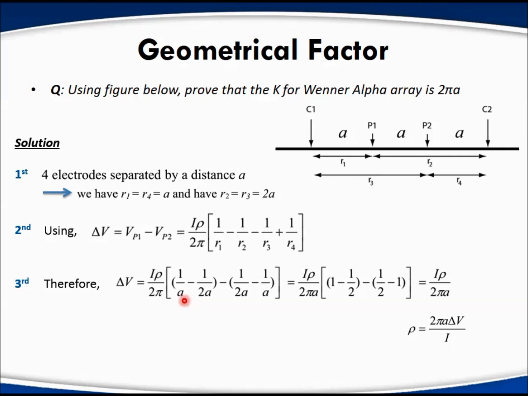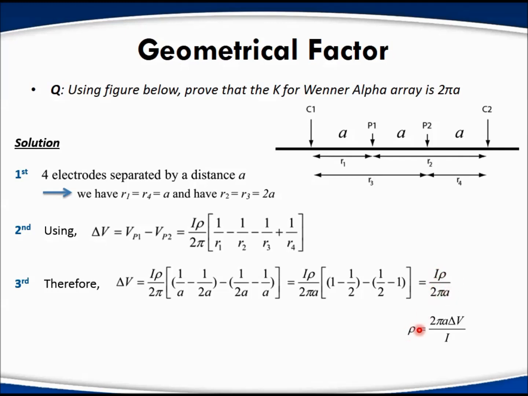The result at the end will show that all the radii will be cancelled out when you insert A and 2A into the formulas. It will become like this. Hence it will be cancelled to each other because it is 1, and then this is what you get left, which is I rho over 2 pi A.